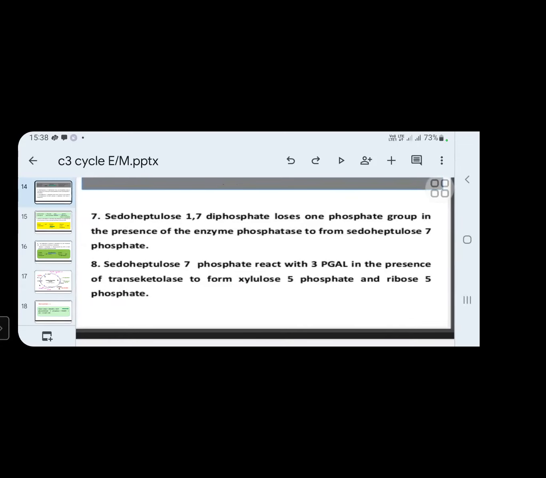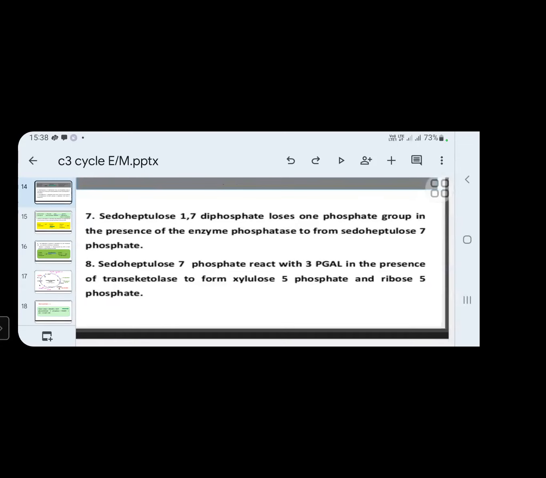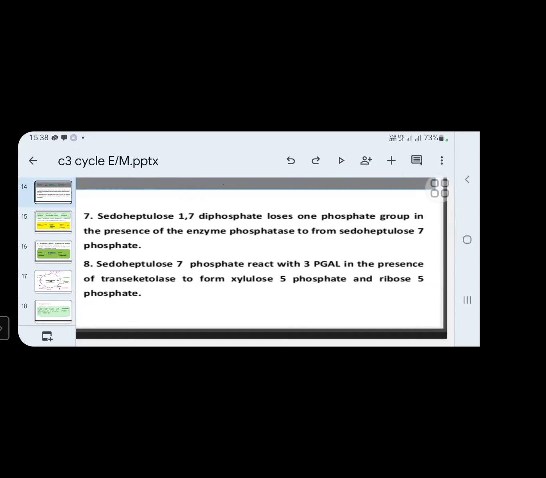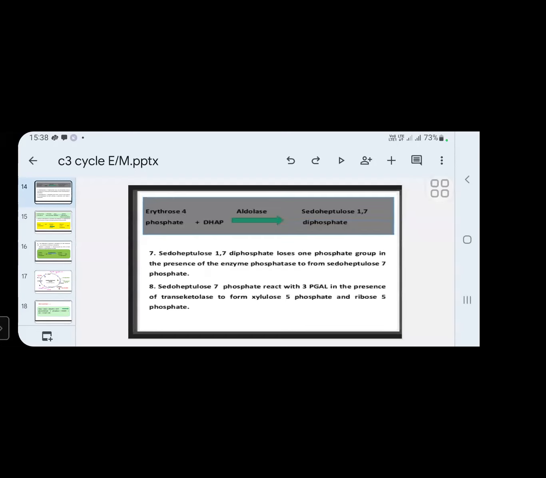So pseudoheptulose 7-phosphate reacts with 3-phosphoglyceraldehyde in the presence of the transketolase enzyme to form xylose 5-phosphate and ribulose 5-phosphate.